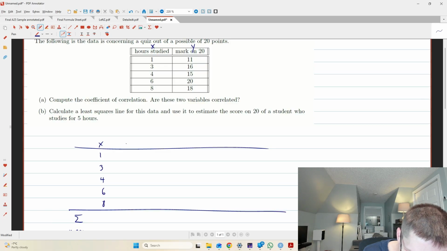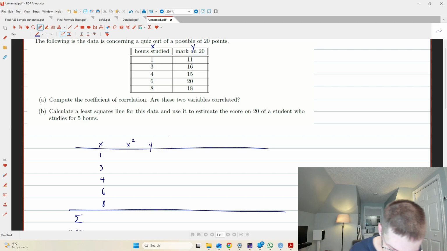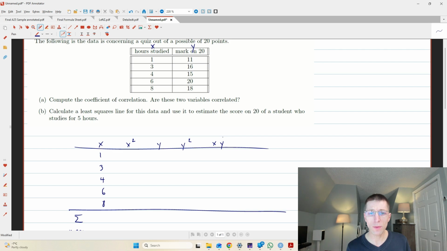But before I write Y, I'm going to write X squared. I'll write Y. Actually, maybe I'll give myself a bit more space. And Y squared, and then I'll write XY, because when I do the formulas, the sum of squares SSxx and SSxy, that's what I'm going to be using a lot.